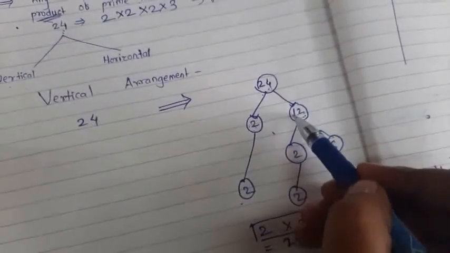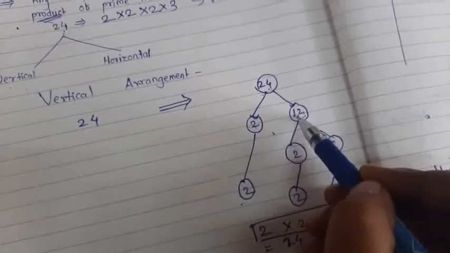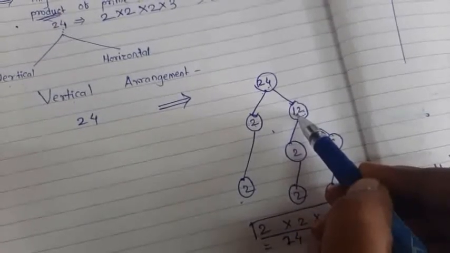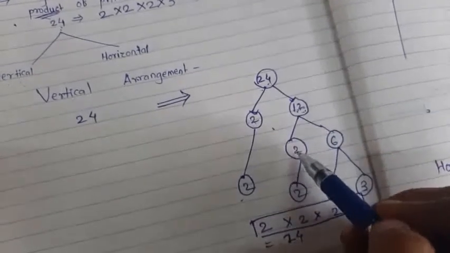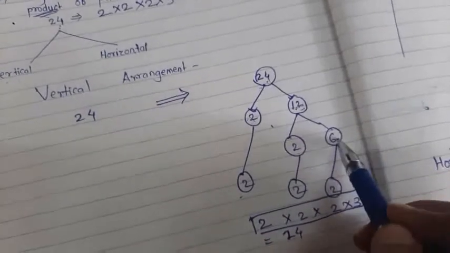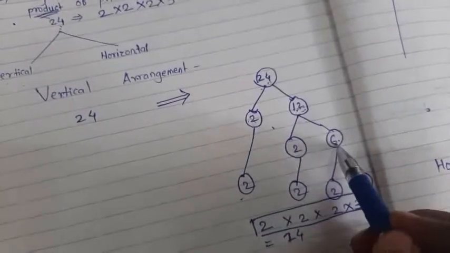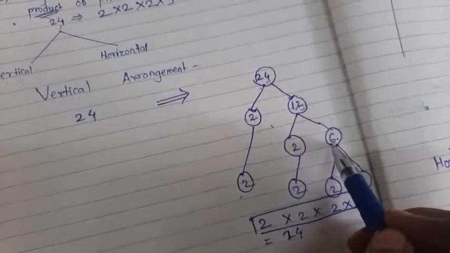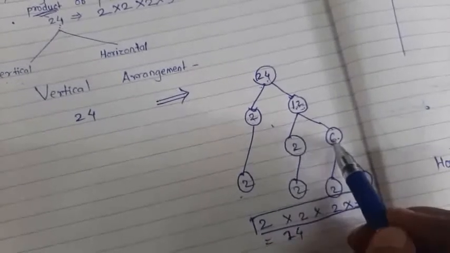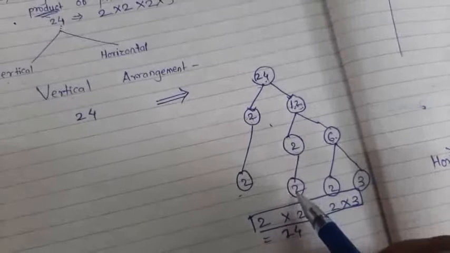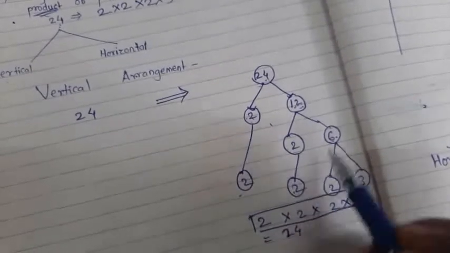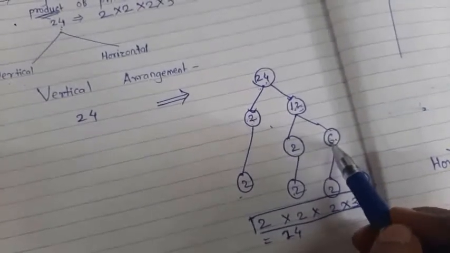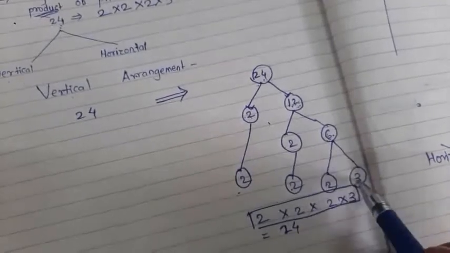Now 12. 12 is still a composite number, and 12 can be written as 2 into 6. So in this step we have got two numbers, 2 and 6. Out of these, 2 is prime, write it as it is. 6 can be written as 2 into 3.